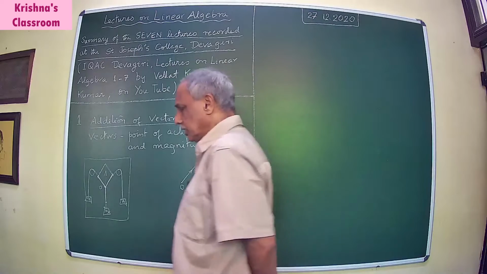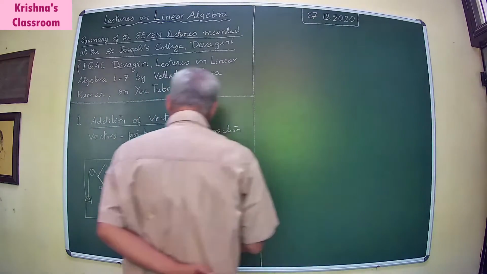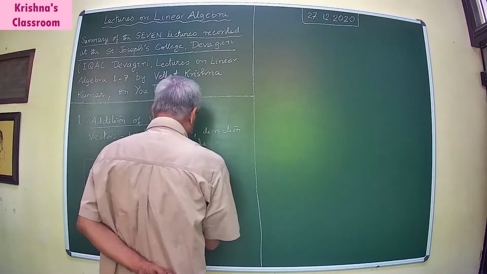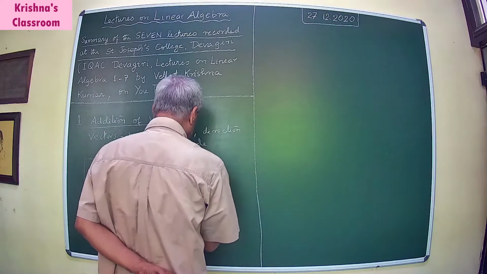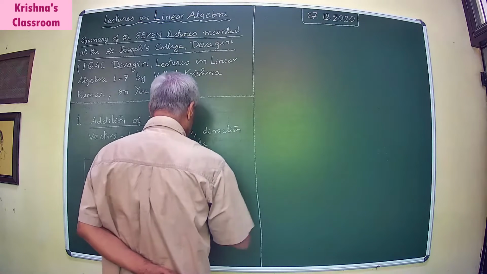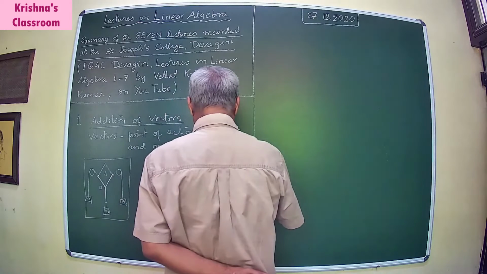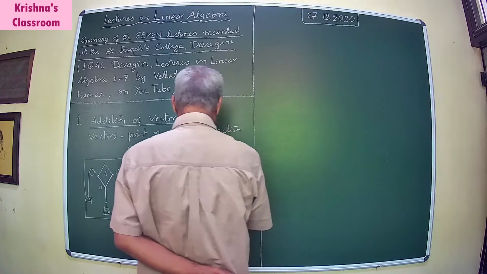and the conclusion that one draws is that vectors add up by parallelogram. So if you have two vectors u and v, then they add up. I'm drawing it in a plane, but it need not be.